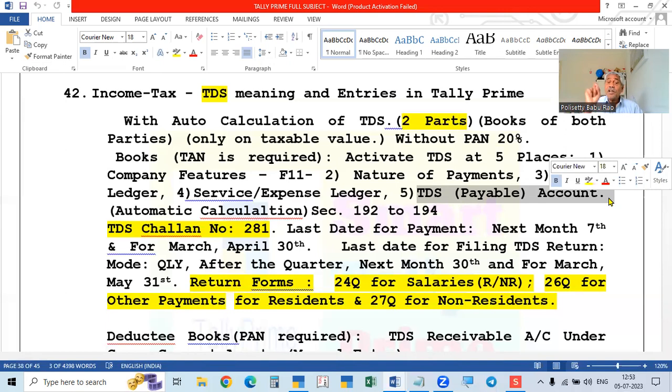We call it TDS Payable, because we will collect and pay to the government. There is one more, TDS Receivable, also, but not now. That will be later. You can simply create it as a TDS account, but it is better to create a TDS Payable account. That's all. Okay.